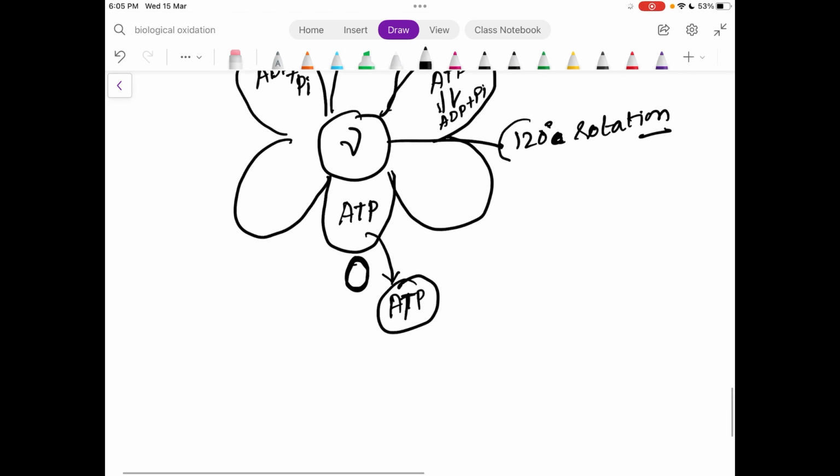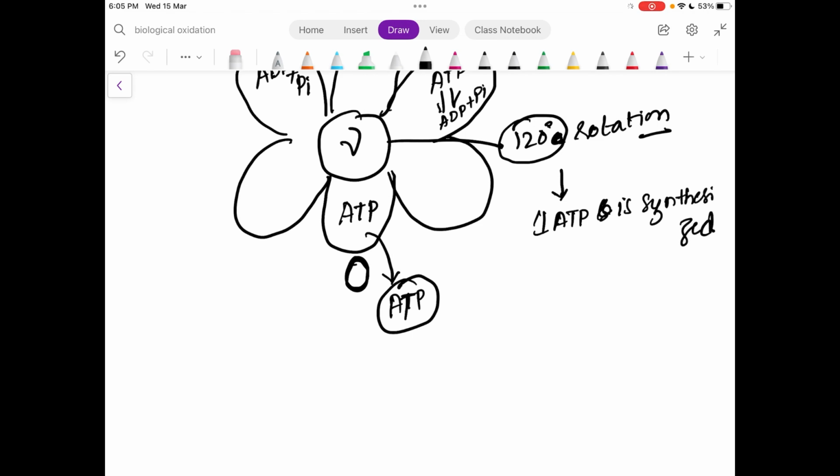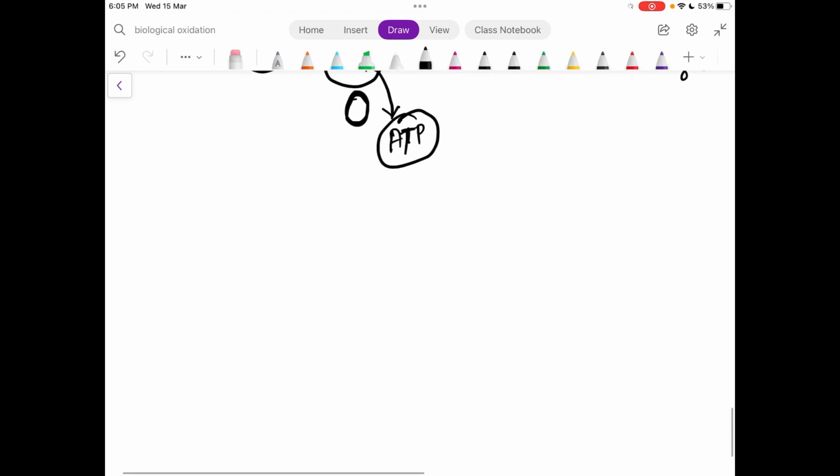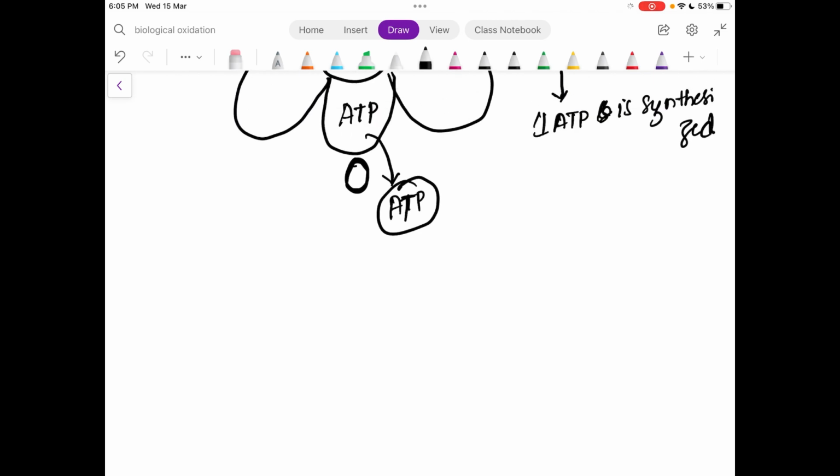For 120 degrees rotation, 1 ATP is synthesized. So 120 degrees means 1 ATP. If it rotates 360 degrees, what will happen?